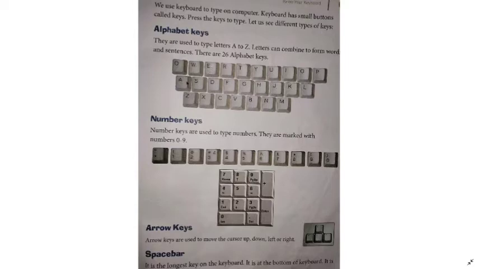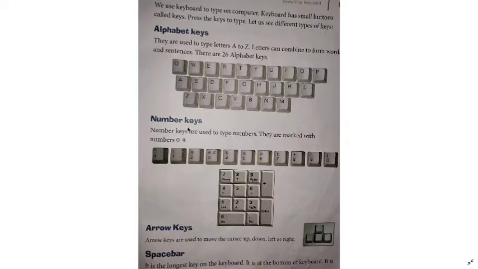With the combination of letters we will first form a word, then with the help of words we will form sentences. There are 26 alphabet keys. How many alphabet keys are there? 26. As you can look at the picture given below, these are the alphabet keys in a keyboard.